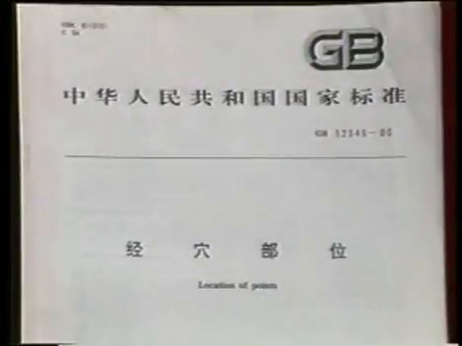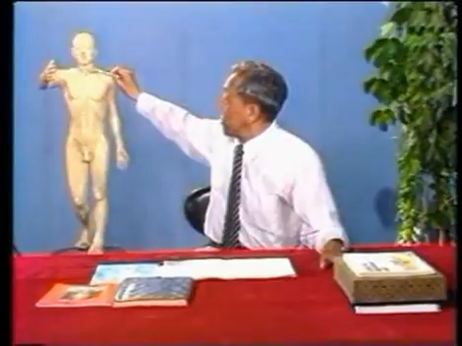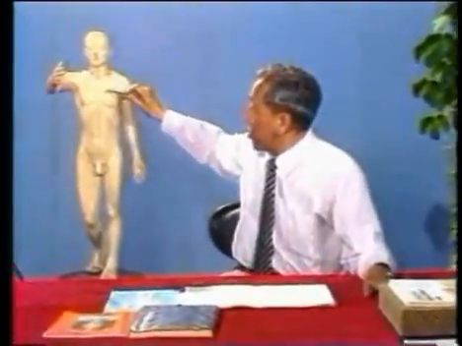In June 1990, the State Bureau of Technical Supervision issued the national standard for the location of acupuncture points, 409 in number, which has been implemented since January 1st, 1991. Due to limited space and time, 152 commonly used points are selected and introduced in parts 3, 4, and 5.